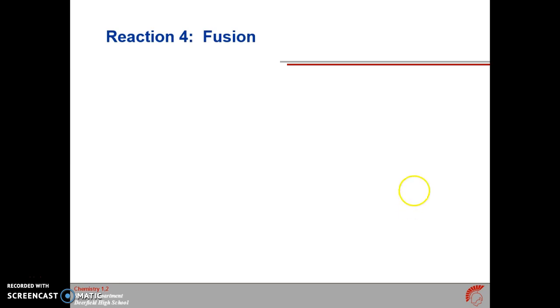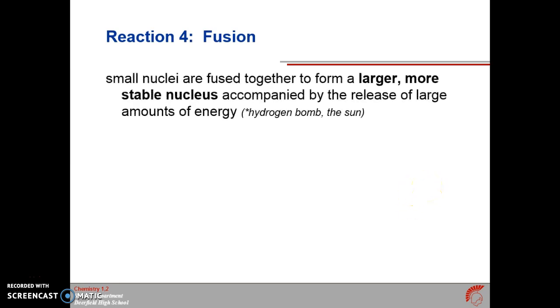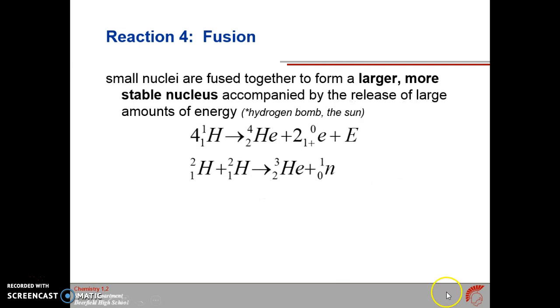All right, so the last reaction is fusion. In fusion, we're taking smaller nuclei and combining them into larger, much more stable ones. This is what happens in a hydrogen bomb, and this is what happens actually on the sun. The reason why we've got all the energy we do from the sun is because of fusion reactions going on there. So here's two typical reactions.